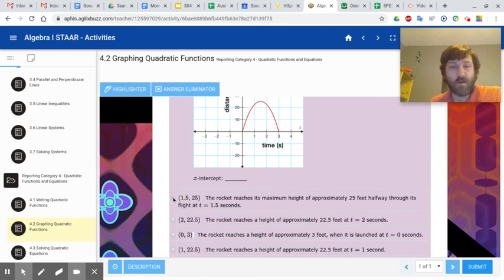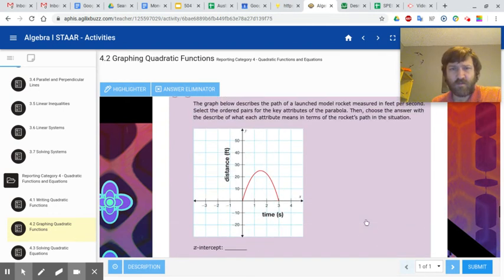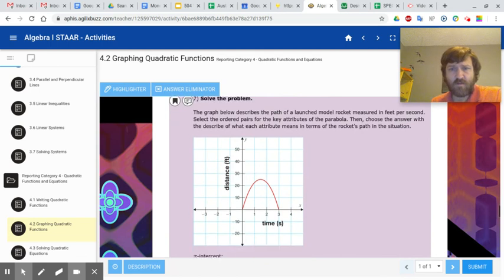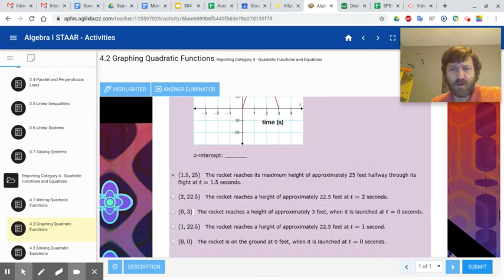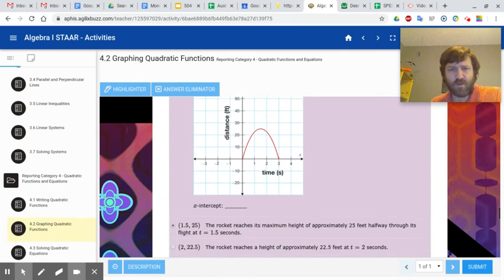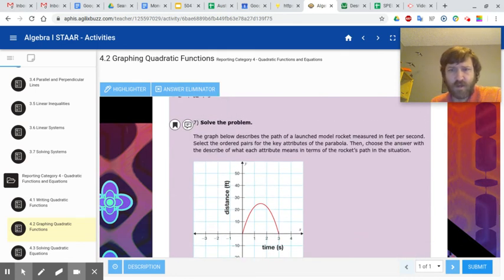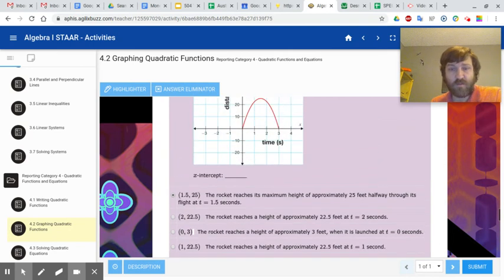So we're going to pick that one, and then wait and see. 2, 22.5. That's right there. The rocket reaches a height of 22.5 feet at t equals 2 seconds. Okay, that's correct. A little strange that there's more than one correct answer. We'll see what else we come across.